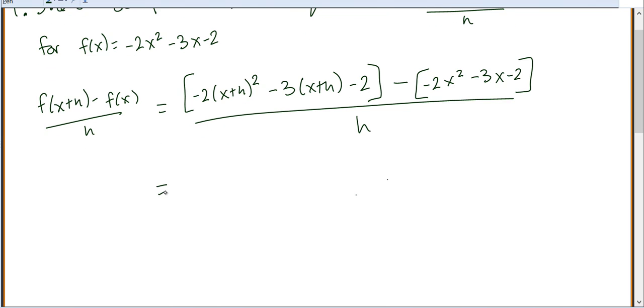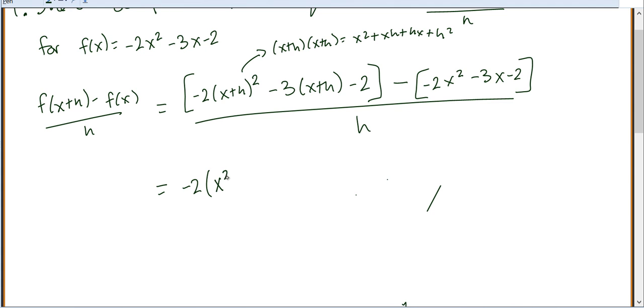Absolutely no calculus involved. Okay, x plus h squared, that's going to be the hardest thing. To do this, you're going to have to do x plus h times x plus h, which is going to be x squared plus xh plus hx plus h squared. Now xh and hx, those are the same thing, so we can simplify that.